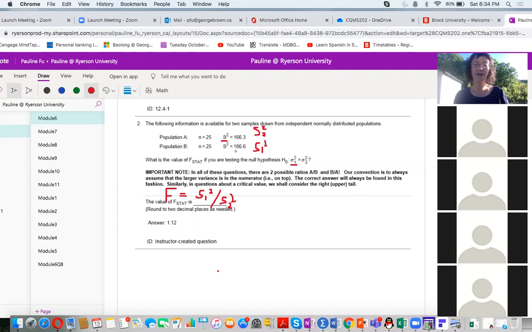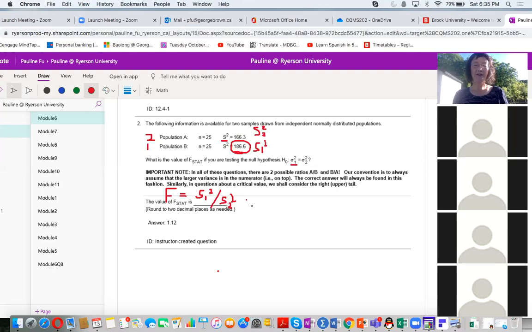The convention is always put a bigger variance as a numerator. So in this case, population B is 1, and population A is 2. The reason is population B has a bigger variance, 186 greater than 166, okay? So when you use the formula, always put a bigger number on the top, okay?